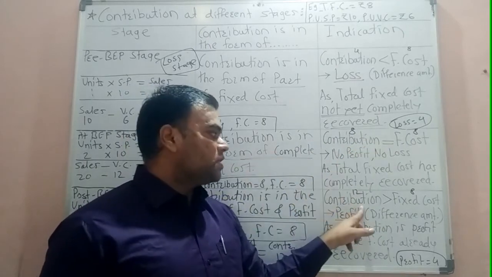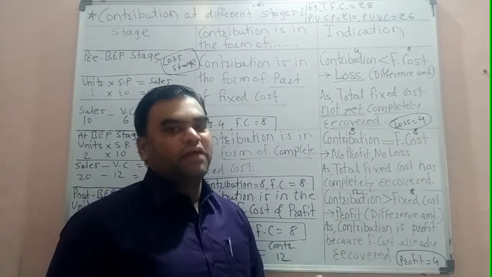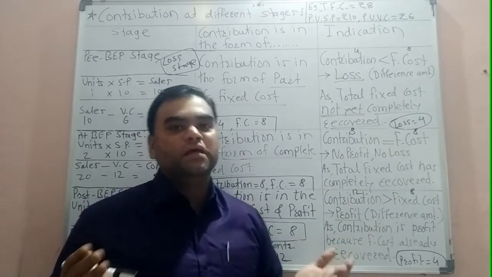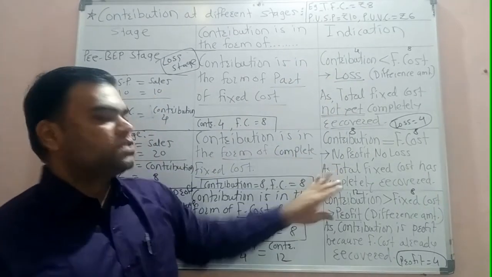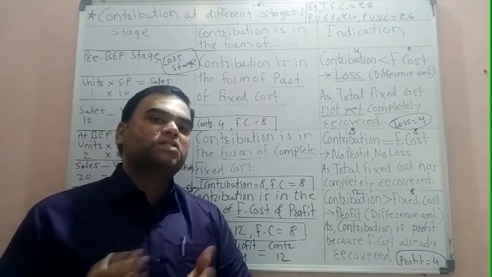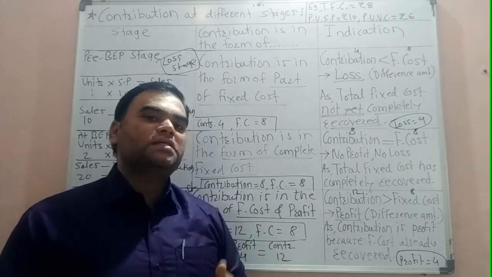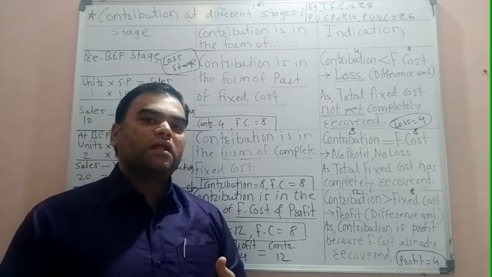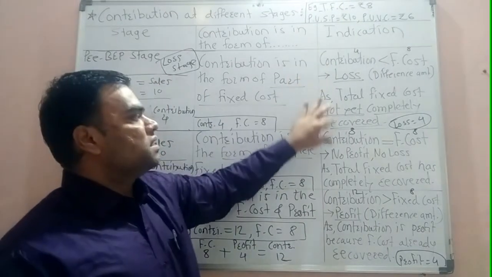If our contribution is greater than fixed cost, then there is a profit and we are at post BEP stage. Means these are the tests. By using these tests, we can understand at which stage our company is, whether the company is suffering loss, at BEP stage, or earning profit.